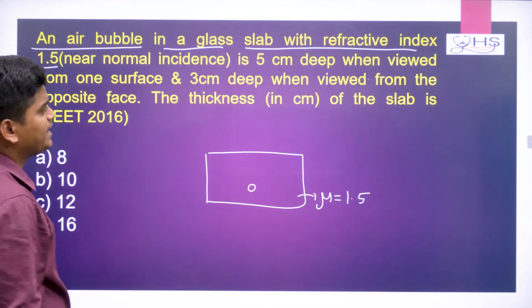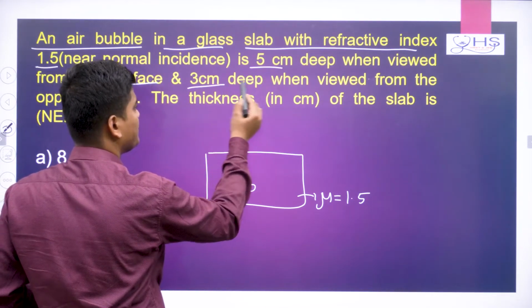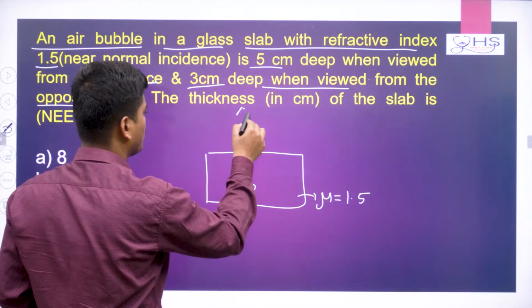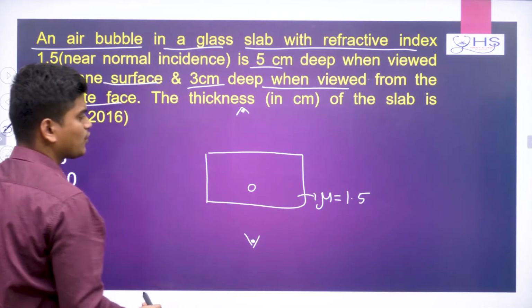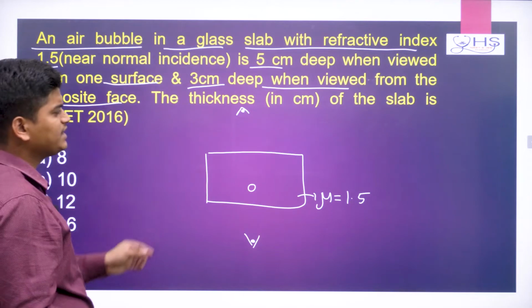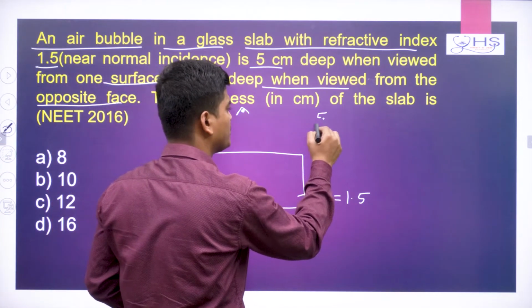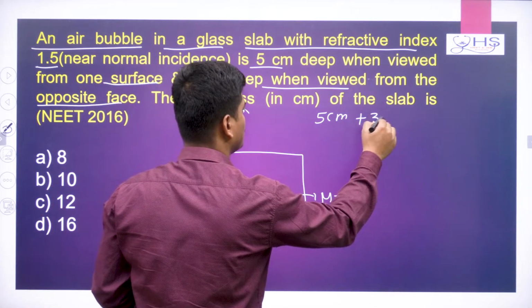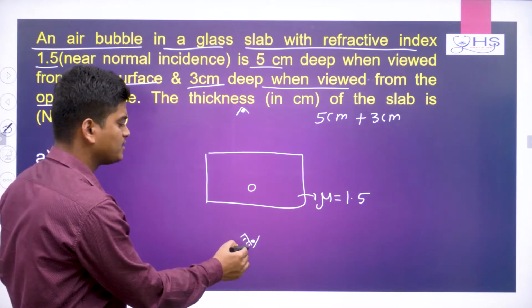The bubble is 5 centimeter deep when viewed from one surface and 3 centimeter deep when viewed from the opposite face. So you are watching from this surface or from this surface. When you watch from this surface, it comes 5 centimeter, and when you watch from the other surface, it comes 3 centimeter. That means you can take, when you are seeing from here, this is basically your eye.